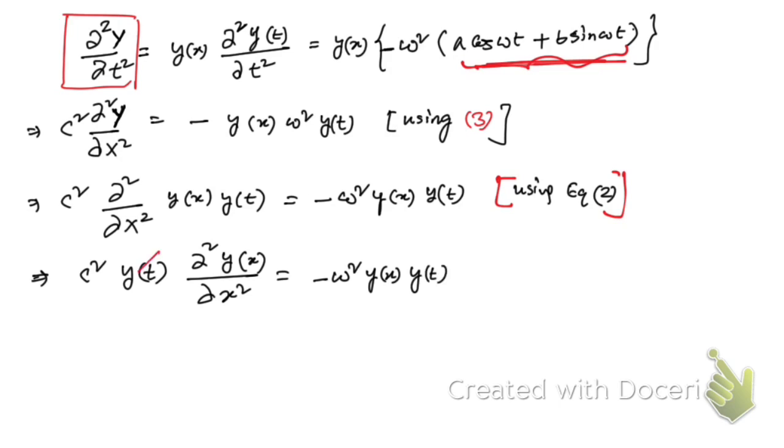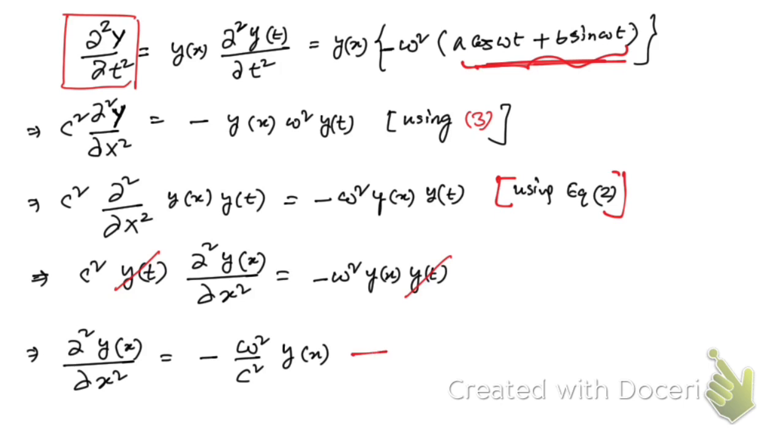So here these two cancel, and this implies second order derivative of y of x with respect to x minus omega square by c square small y of x. That's what we have got, right? So this is suppose equation number 4. Let it be equation number 4.